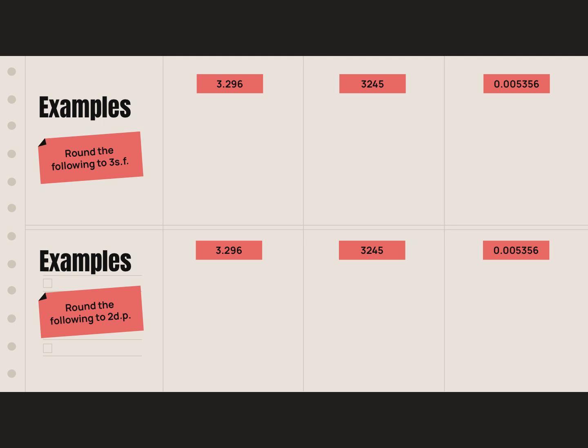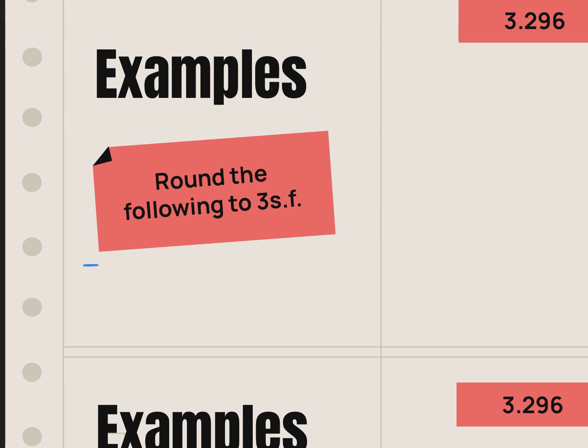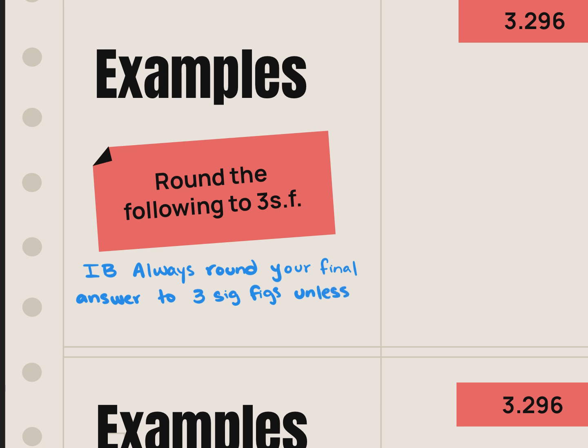I chose 3 significant figures for a very specific reason, and that is because on the IB exam, and in any of your exams if you're in my courses, you always round your final answer specifically to 3 significant figures, unless the problem states otherwise.